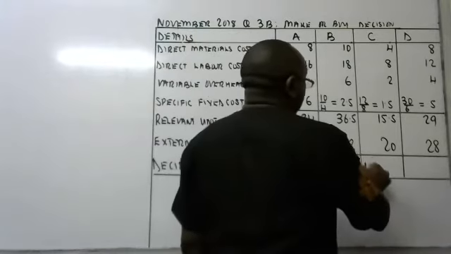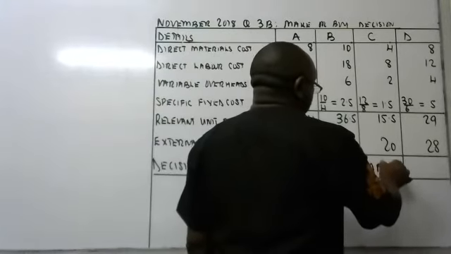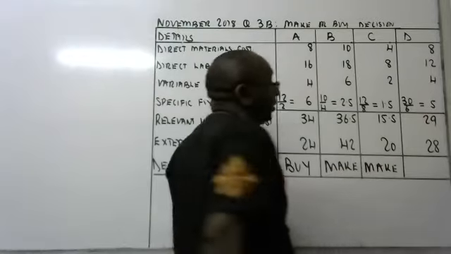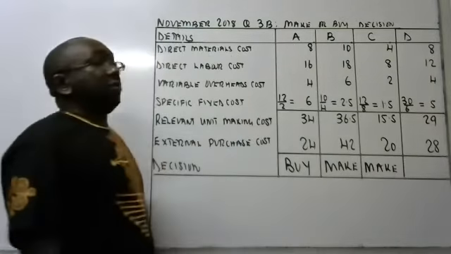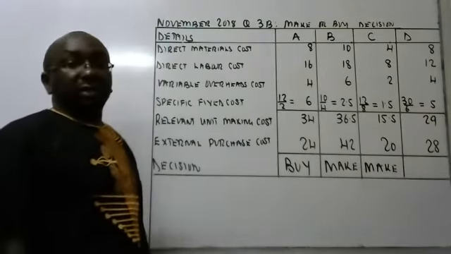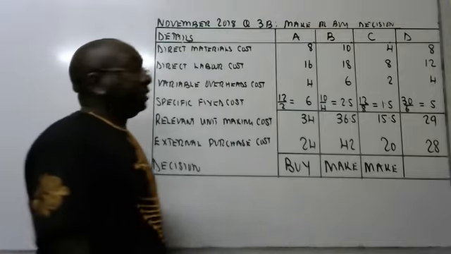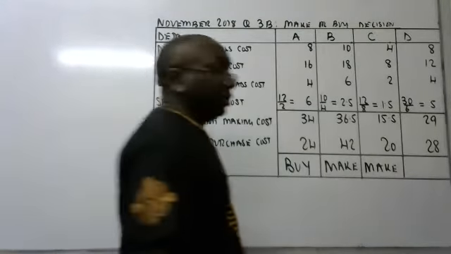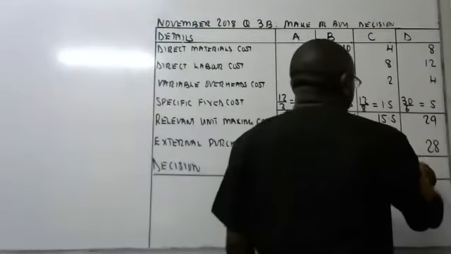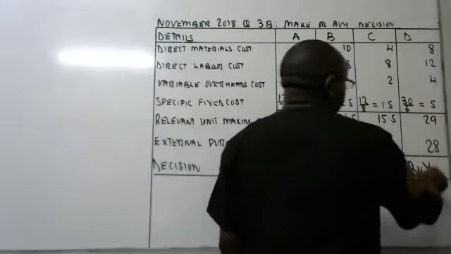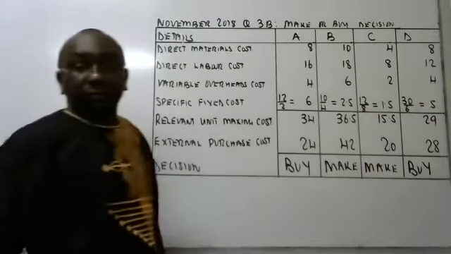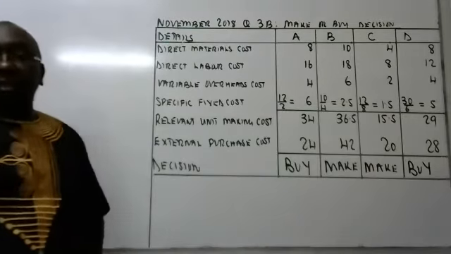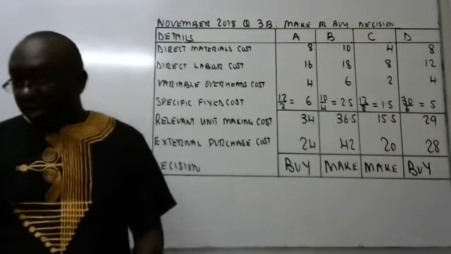So it is better we make by ourselves. And the other one, when we make it costs us 29, but if we buy it costs us 28. So it is much better for us to buy that item.